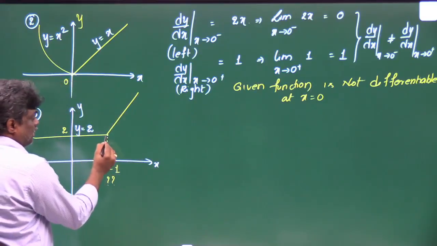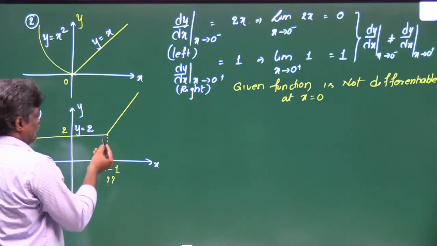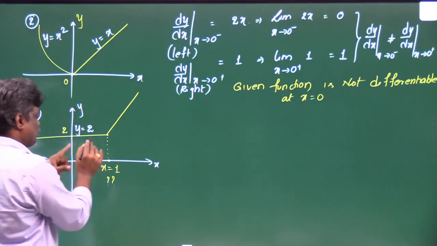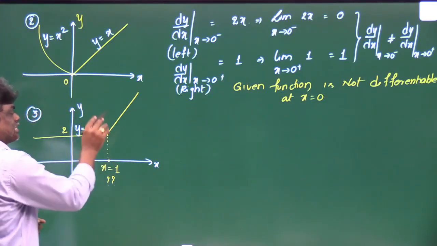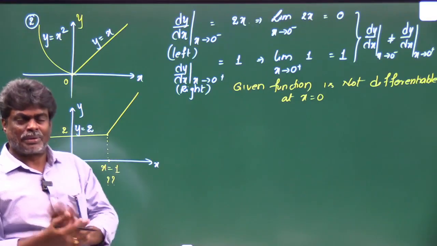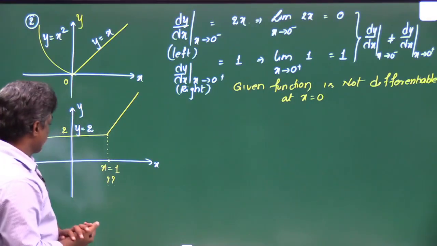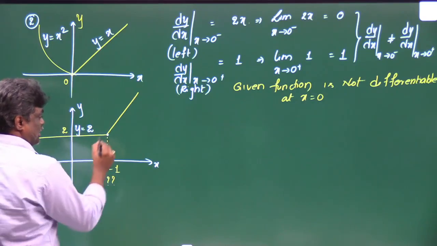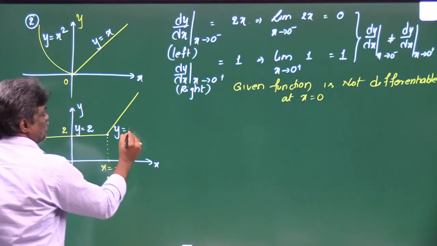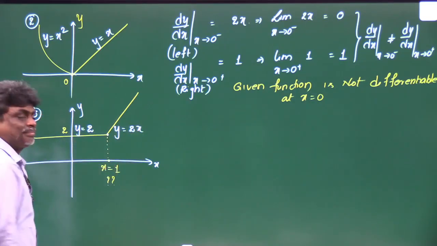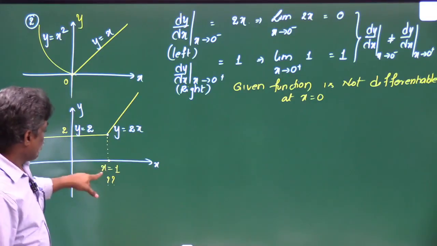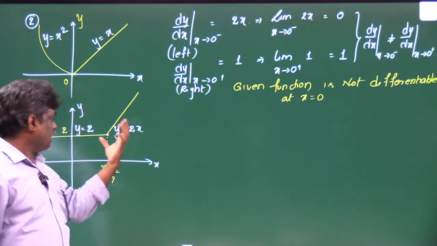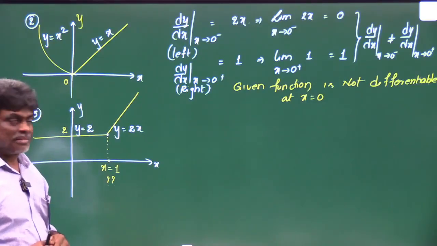If you see carefully, this is also a straight line, just like y is equal to mx. But at x equal to 1, the y value is 2, so I can take y is equal to 2x. Then just cross check: put x is equal to 1 here. Are you getting 2? Yes. That's why you can take y is equal to 2x here.